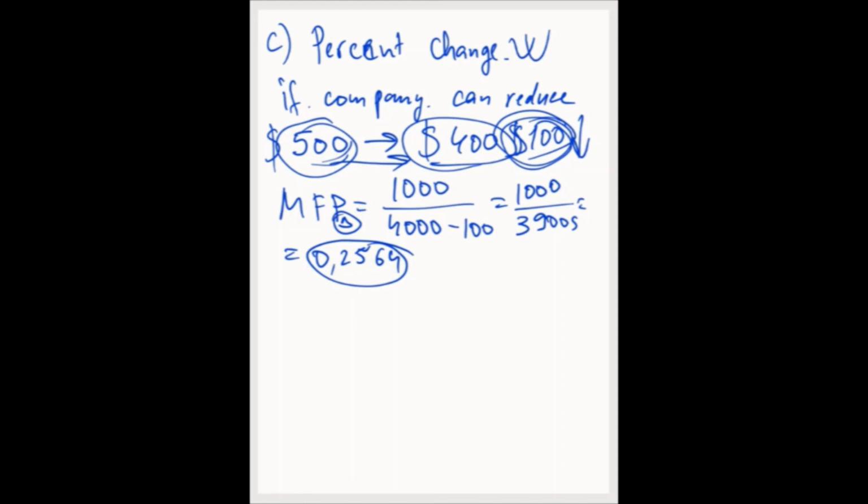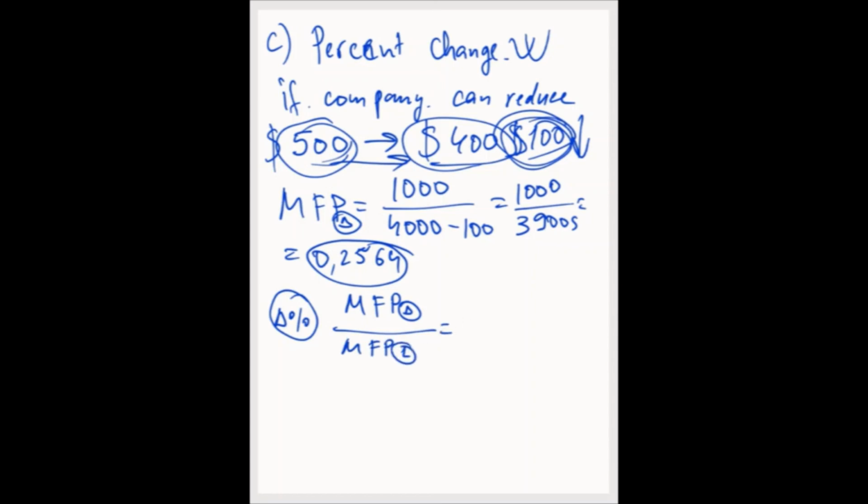For calculating percent change, we have to take multifactor productivity after change over multifactor productivity before change.